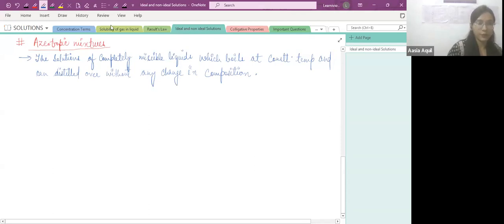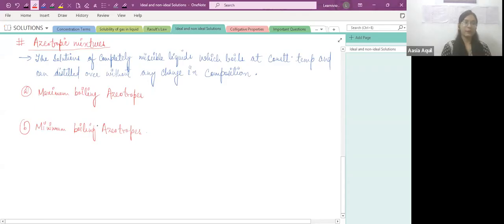Now there are two types of azeotropic mixtures. The first one is maximum boiling azeotropes, and the second one is minimum boiling azeotropes.